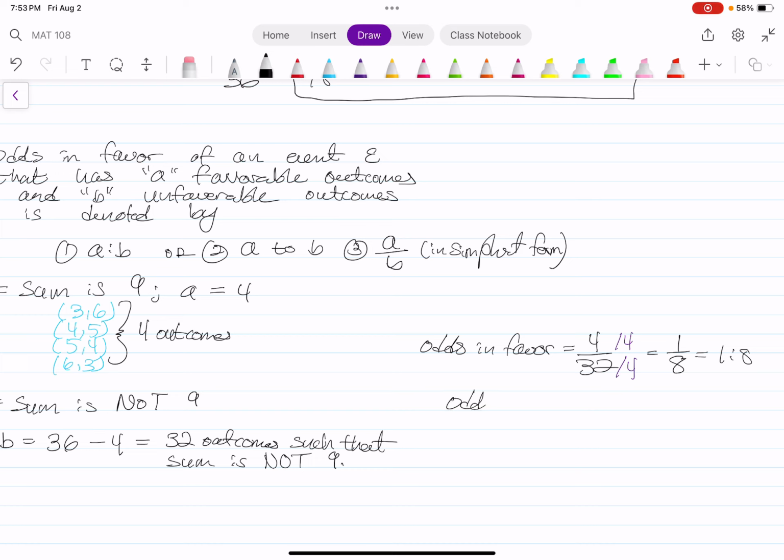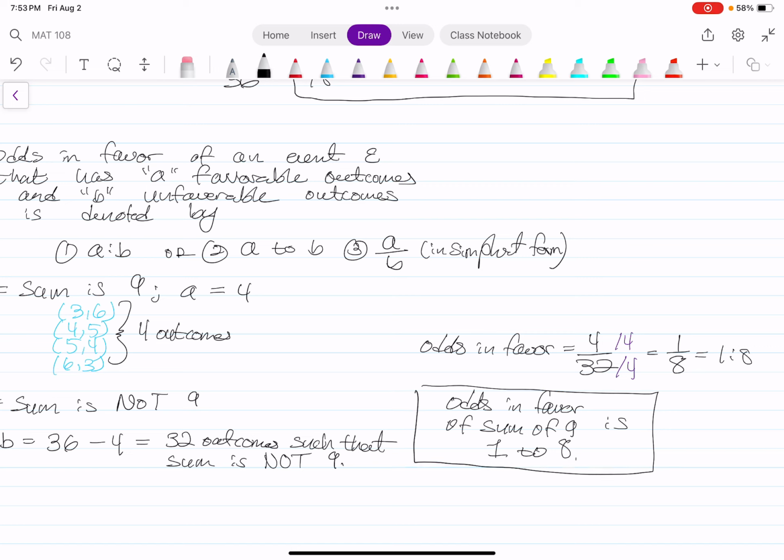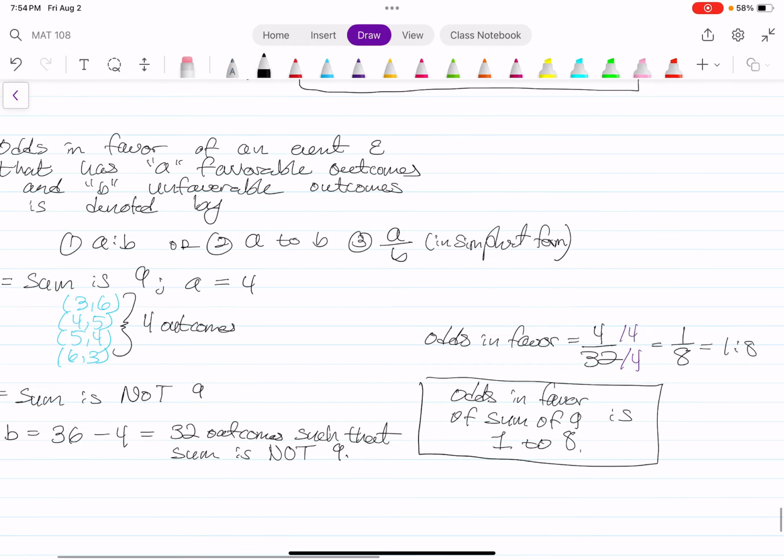So odds in favor of sum of 9 is 1 to, here's the word to, 8. I know it's a lot of writing, but I wanted to make sure it was real detailed for you guys.